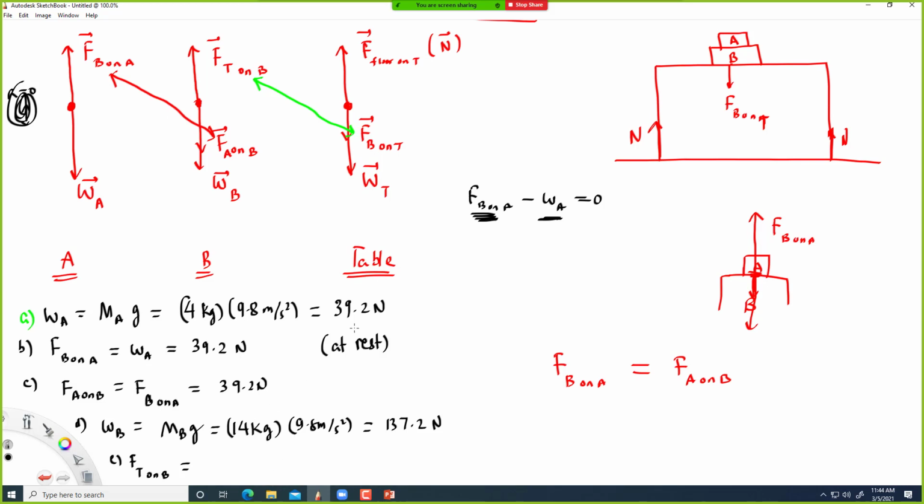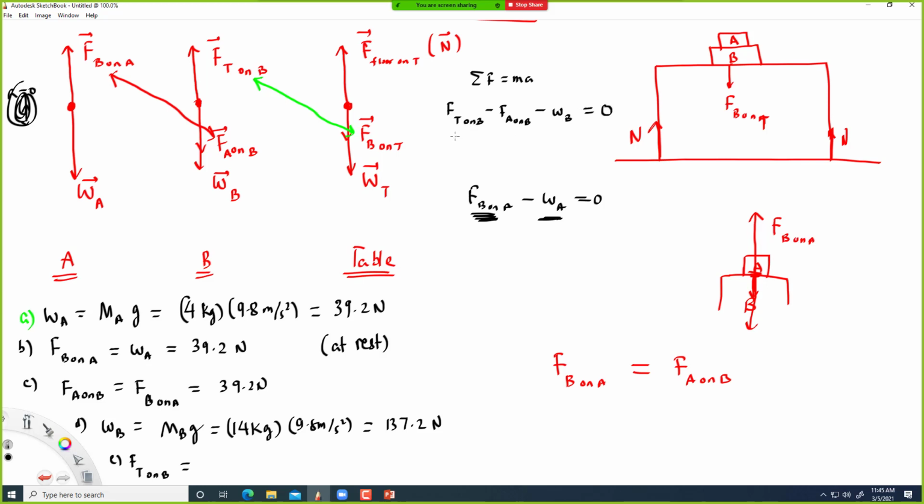Here you can write Newton's law again for this block B. Sum of forces is M times A. So we have F T on B, upward force, and we have F A on B, downward force, and then we have WB, downward force, and these should be equal to 0 because no acceleration up or down.